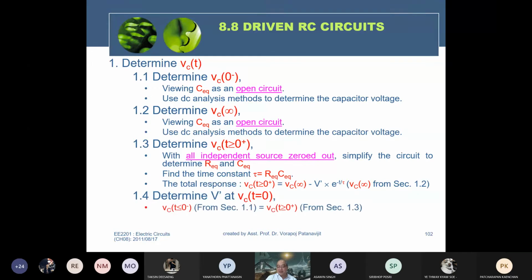After you get these initial values, you apply them, and you can determine the unknowns. And determine the other parameters such as IC, IR, VR in terms of the capacitor voltage.